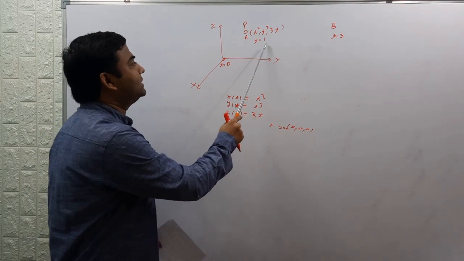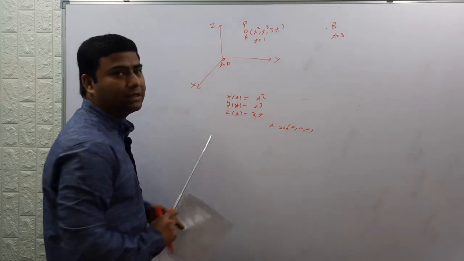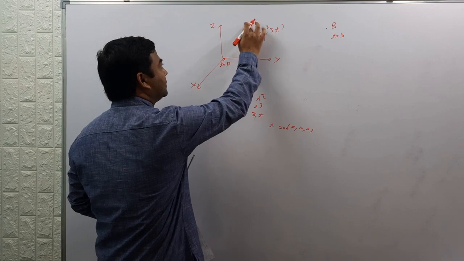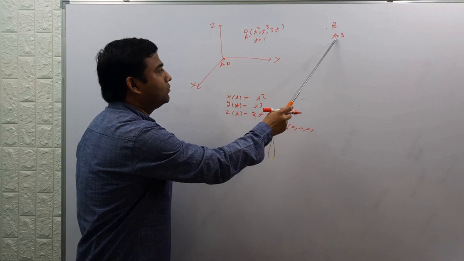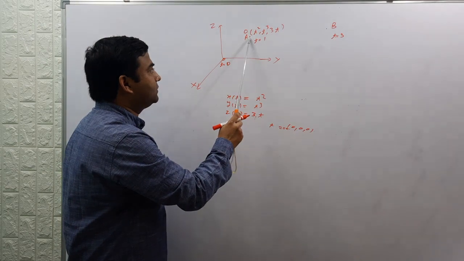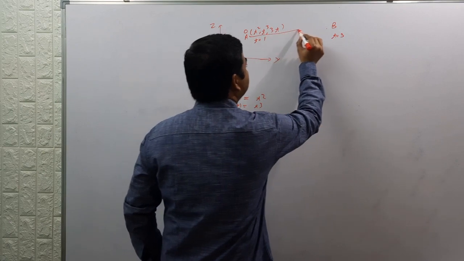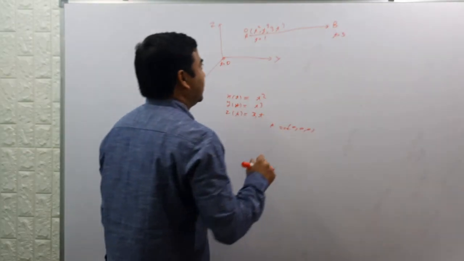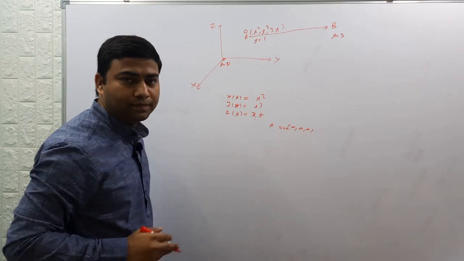At t is equal to 1 second, the object is at point A. And after another moment, at t is equal to 3, this object has reached from point A to point B. Coordinates we can find at both these points.